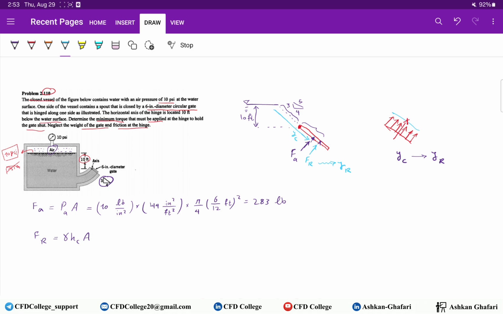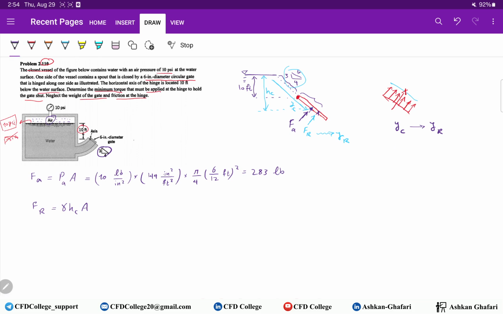Okay, let's find HC first and then we can find YC using the angle. So if I draw this is HC, and if we find HC we can easily find YC. So what is HC?